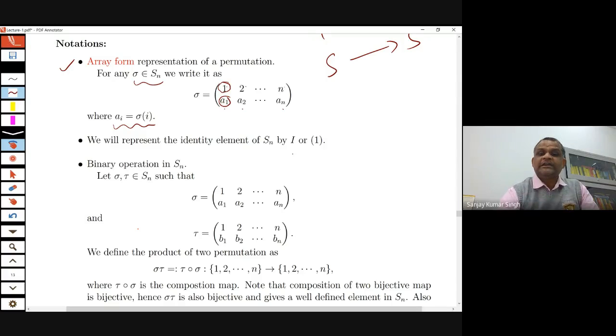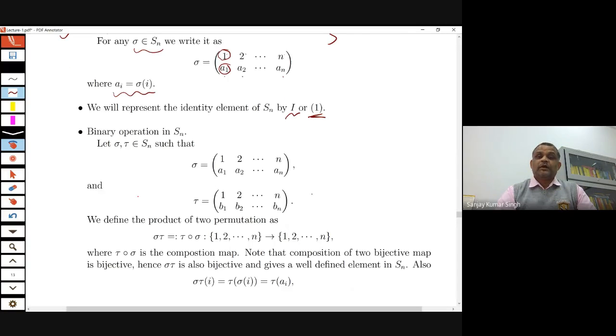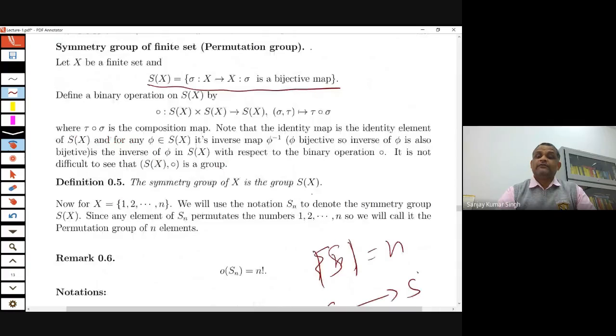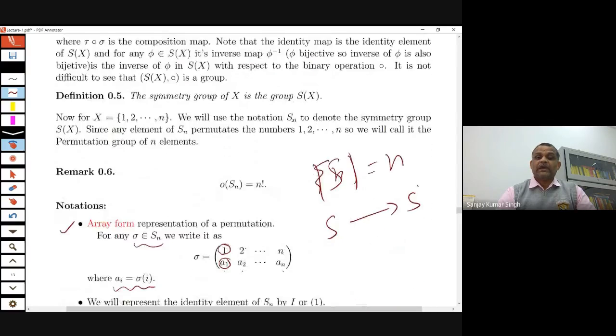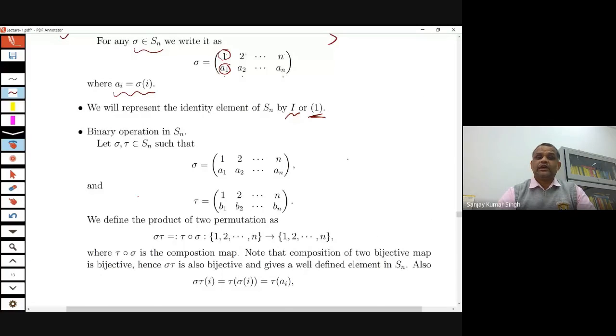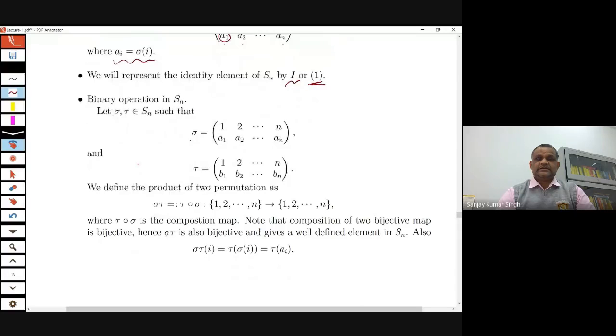And for the identity map, I will use either I or this symbol notation. And again, since we have observed that here we can define at least two ways, in my lecture series I will fix one way, and this way is like this. Whenever you have sigma and tau in S_n, I will define the product of two permutations like this.